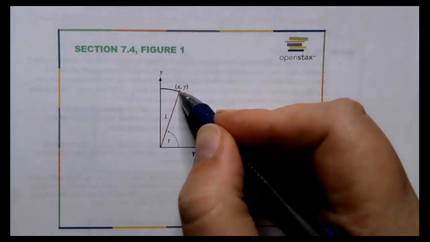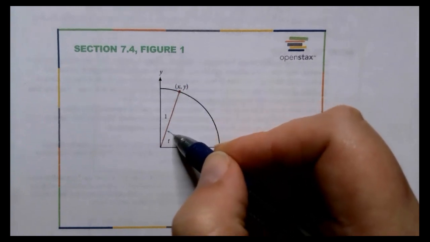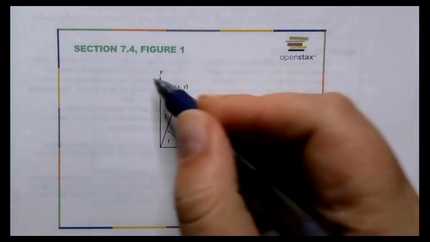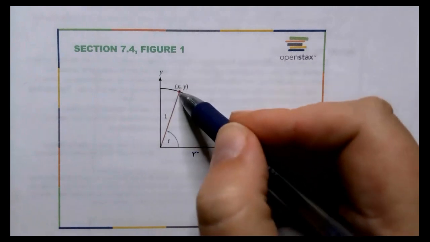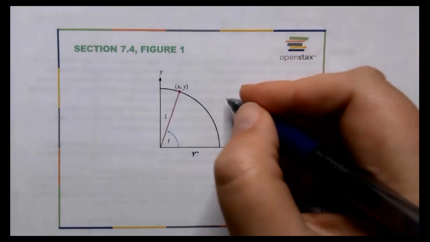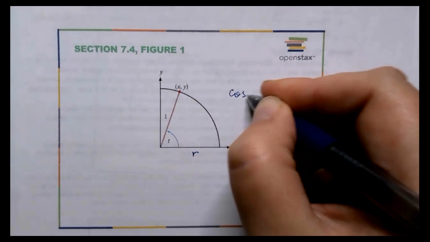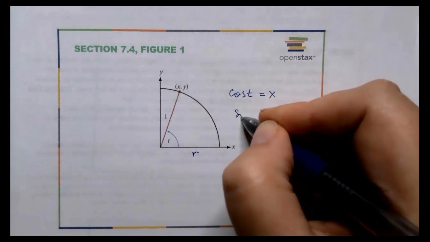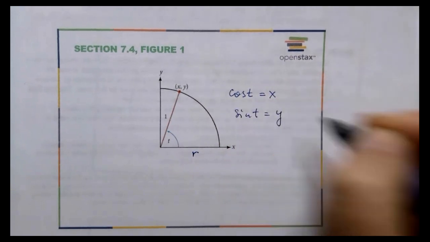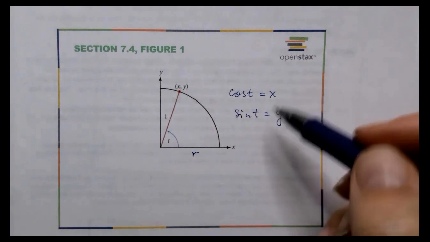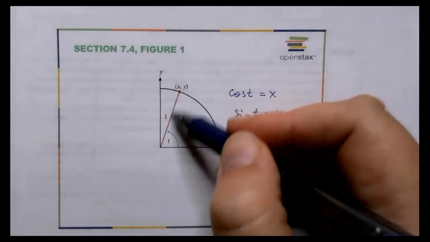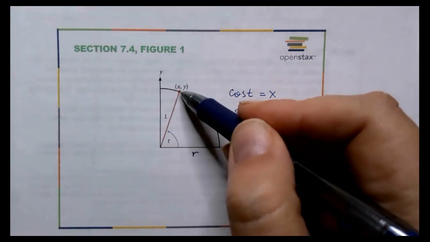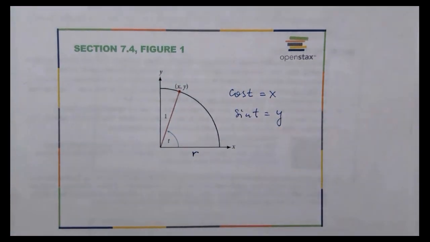If we look at the point where the terminal side of angle t crosses the circumference of the circle, with coordinates x and y, then cosine t equals the x coordinate of that point, and sine of t equals the y coordinate. Both this radius and the length of this part of the terminal side are also equal to 1.